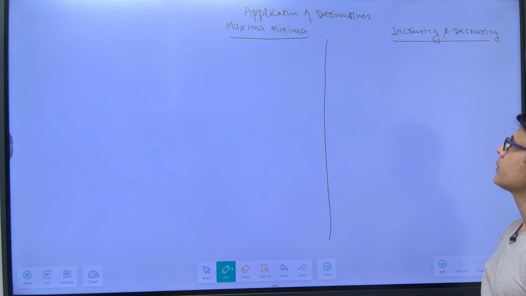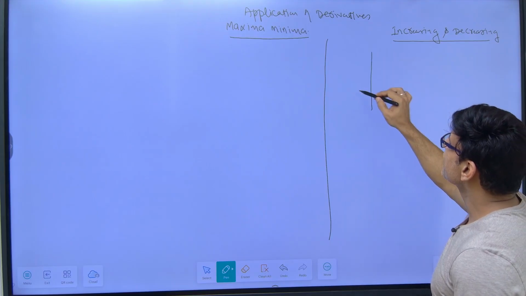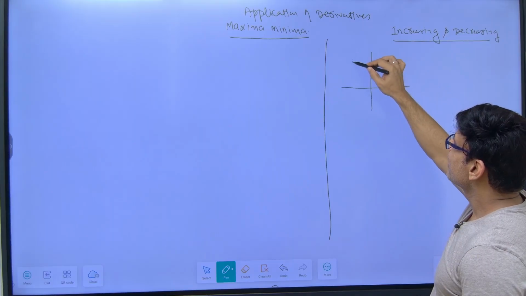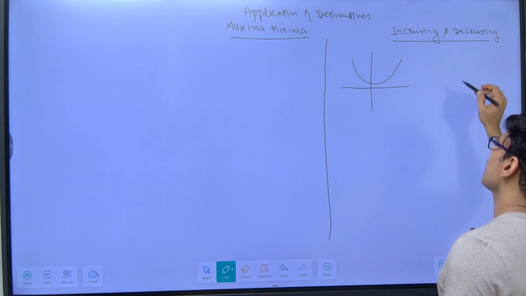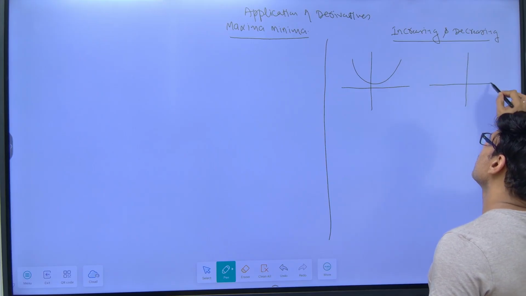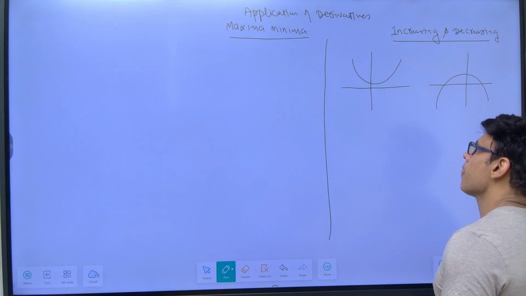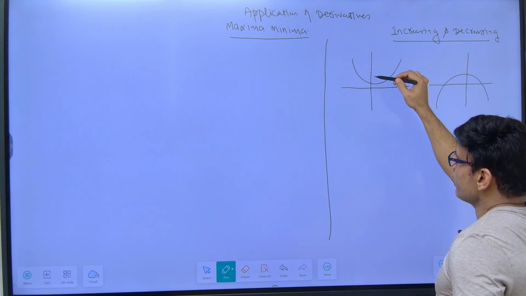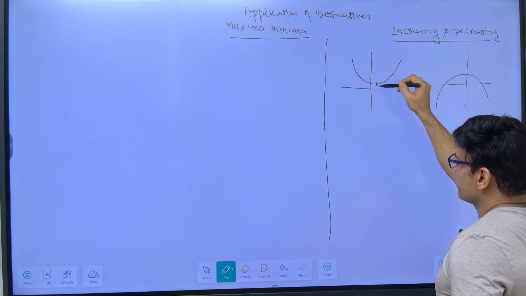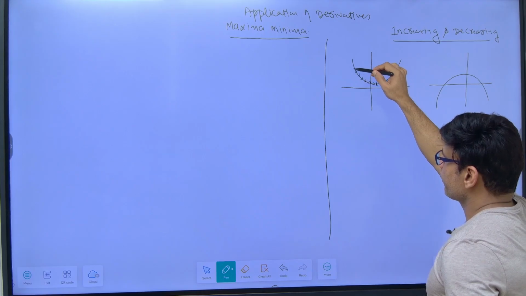Suppose there is a function given to you, and this is how the graph of this function is. And there is another function, and this is how the graph of that function is. Now, in this particular function, to the left of this point, the graph is decreasing, coming down.